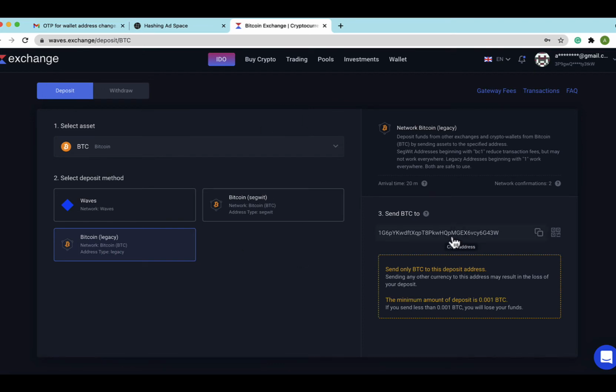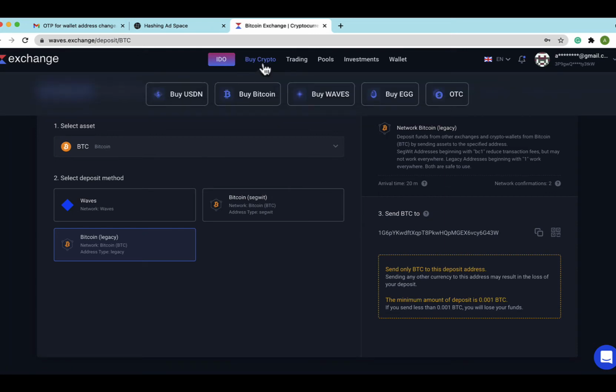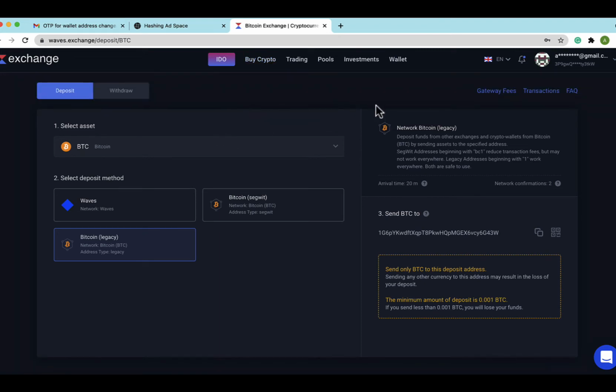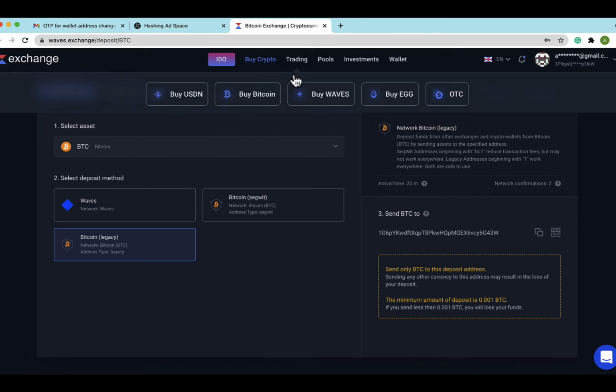Now you can send Bitcoin, you can see your address and send Bitcoin right to this account. They do also offer buy crypto, so you can buy Bitcoin with things like your credit card right here by just clicking on buy Bitcoin, and that Bitcoin will be deposited into your Waves account as well. So there's two ways that you can get Bitcoin into your account, and you can also do the same thing with Waves, so you have some Waves for your fees.